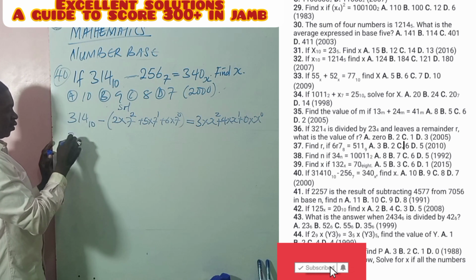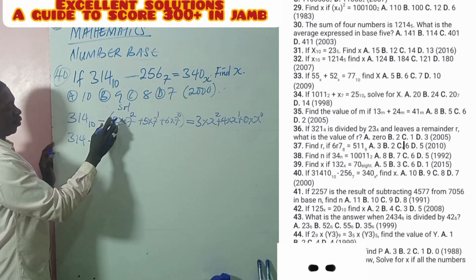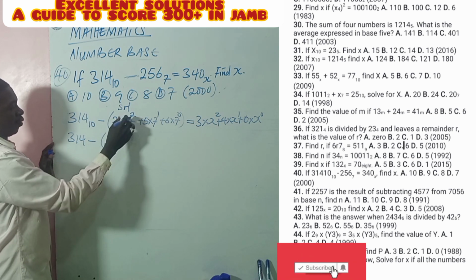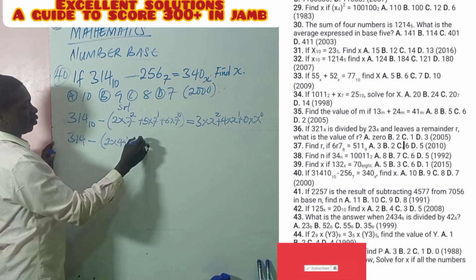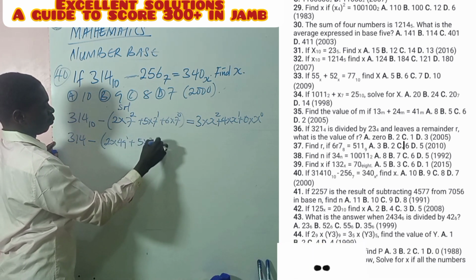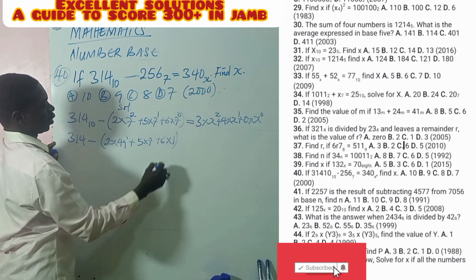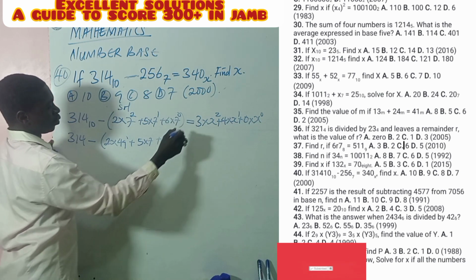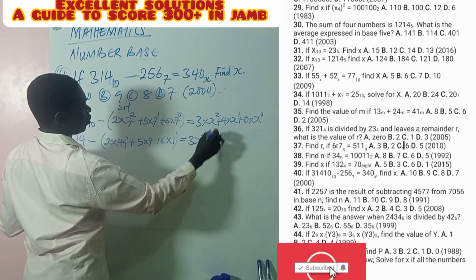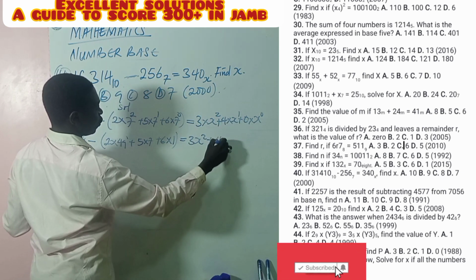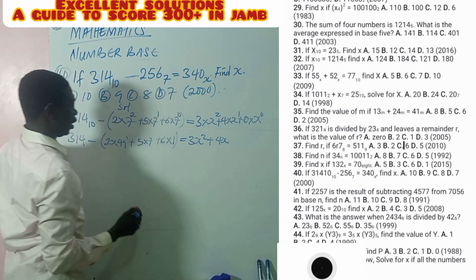This is the same as 314 minus, here we have 2 times 7 squared, which is 49, plus 5 times 7 plus 6 times 7 to the power 0, which is 1. This is now equal to 3 times x squared, which is 3x squared, plus 4 times x, which is 4x, plus 0 times x, which is 0.